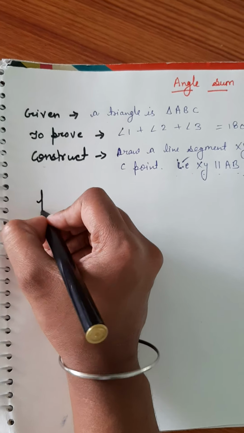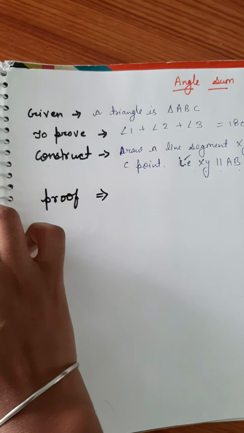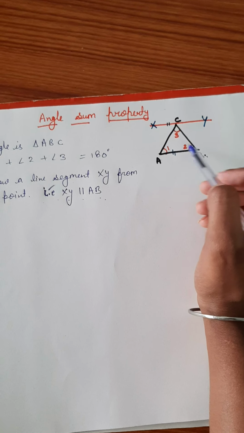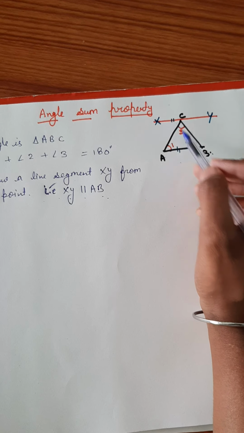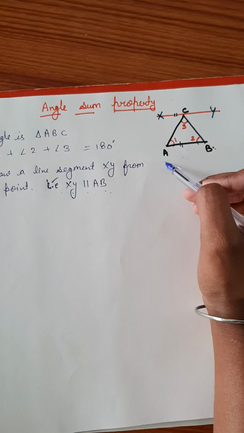Now the next point is your proof. How to prove this theorem? If you look at this figure, you can see these are the parallel lines XY and AB, and this one, AC, is a transversal line.